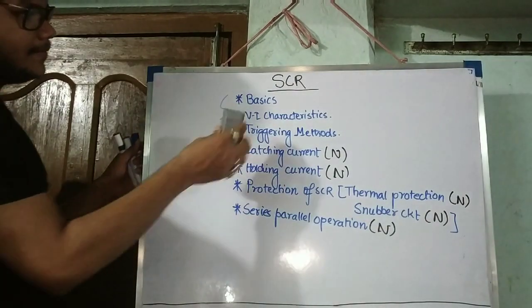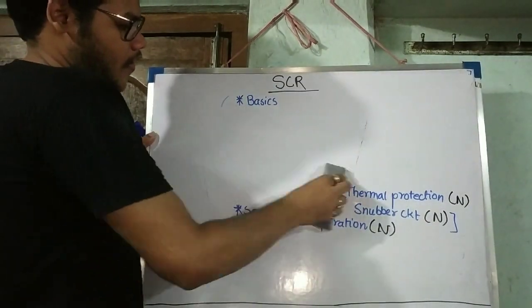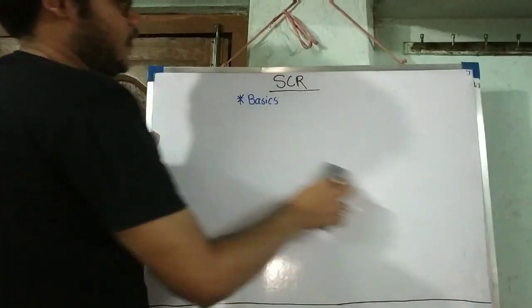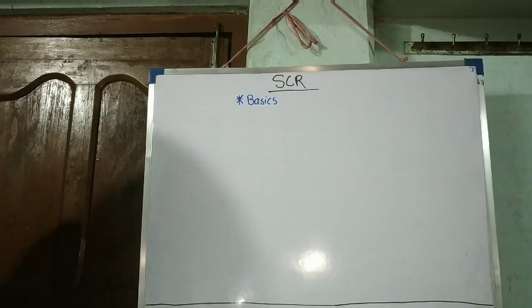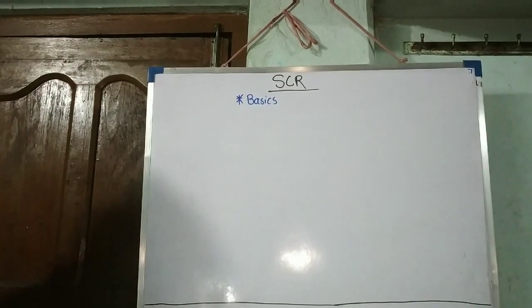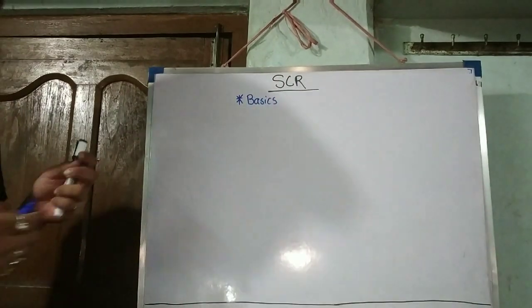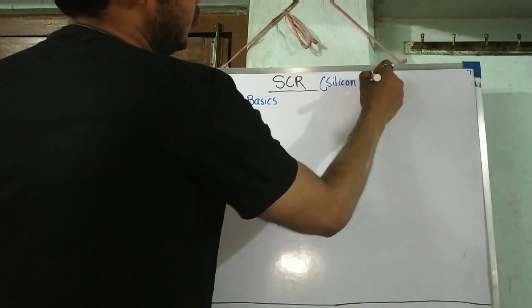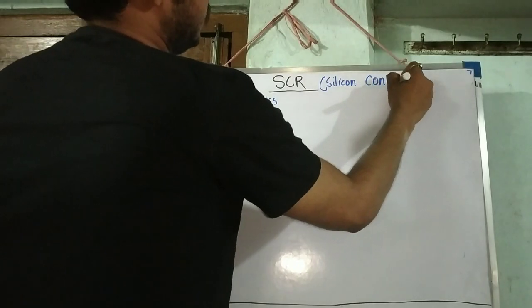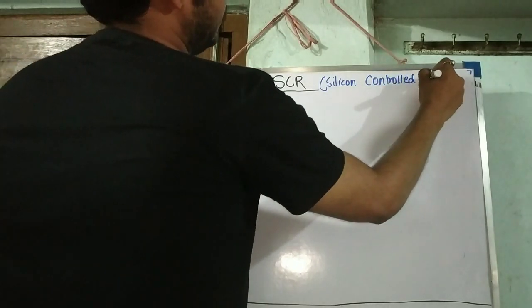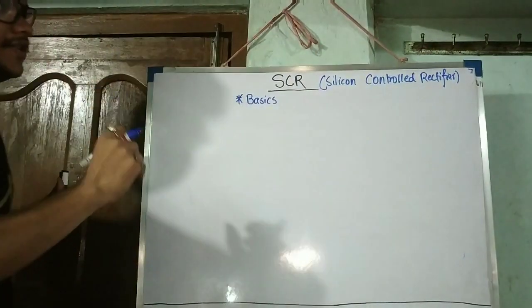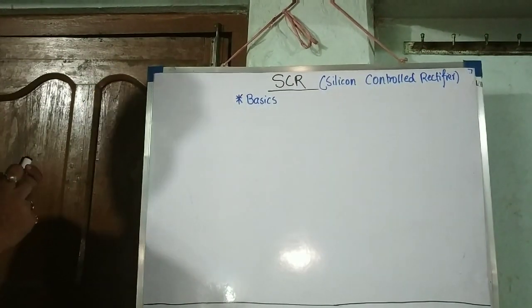So first we will see basics. SCR, the full form is silicon controlled rectifier. We will explain each and every part of the silicon controlled rectifier.